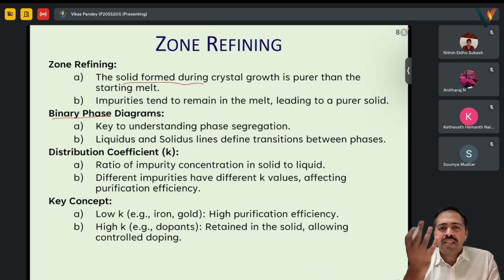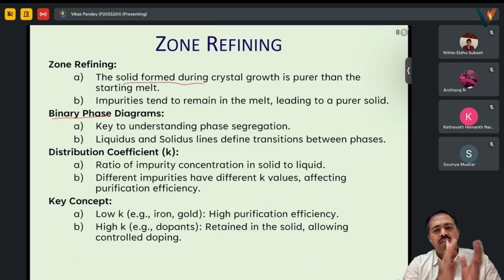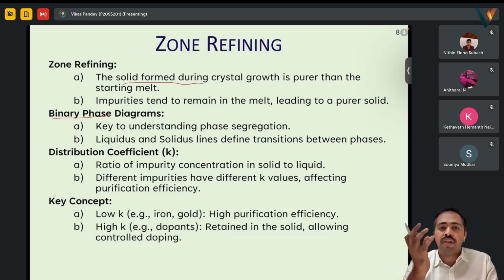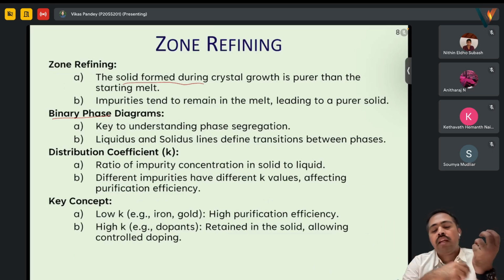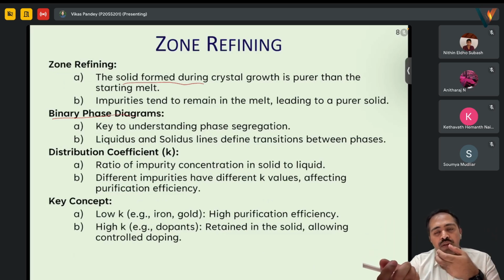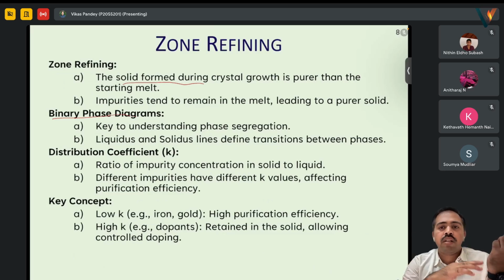Different impurities, this is just an overview, have different K values, that is the distribution coefficient, and according to that they tend to stay in the molten part or move towards the pure crystal part. There are low K impurities like iron and gold, and high K ones like the dopants.